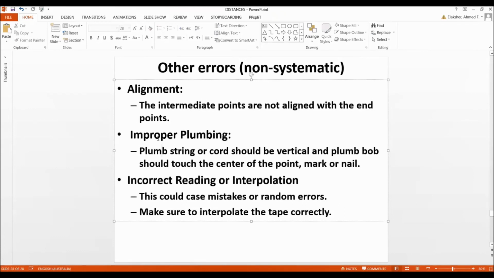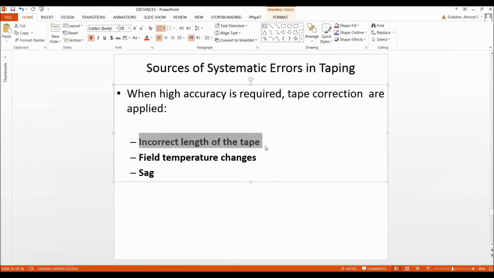So let me start here with the incorrect length of the tape. Let me tell you the story, on the whiteboard here. I purchased the tape from the store, and they told me the tape is a 100-foot tape, 100.00. Then I went to two surveying monuments that are set to calibrate tapes. We have such things.